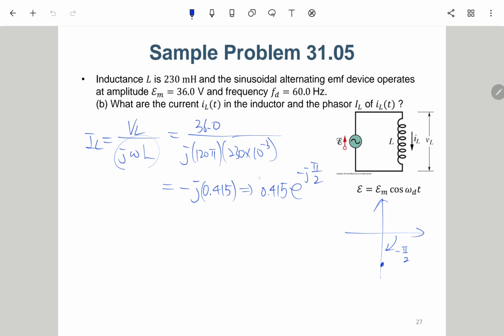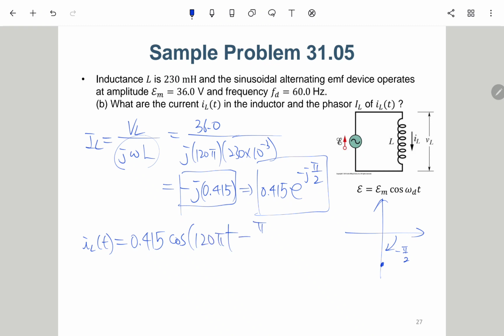Yeah, so here, this is actually the phasor IL, or you can use this expression. So IL of t will be 0.415 cosine 120 pi t minus pi over 2.